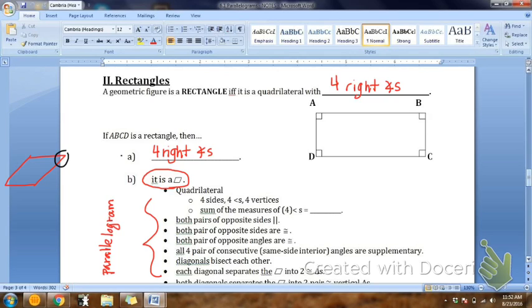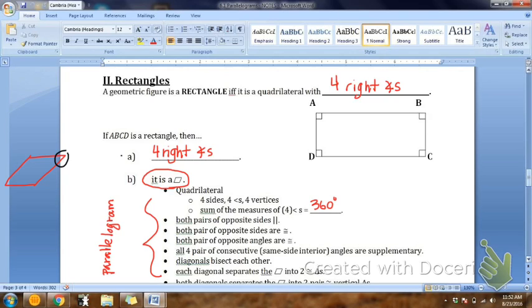If any figure has 4 sides, the angles altogether measure 360 degrees, no matter what.